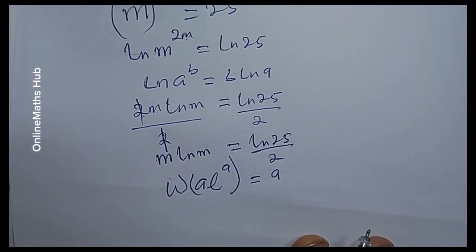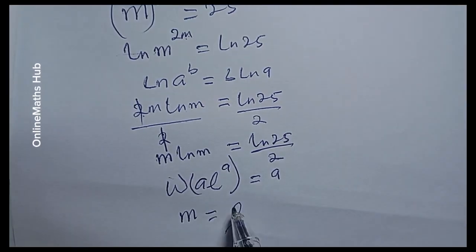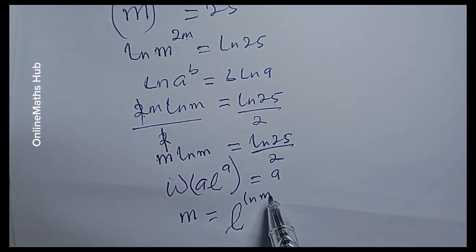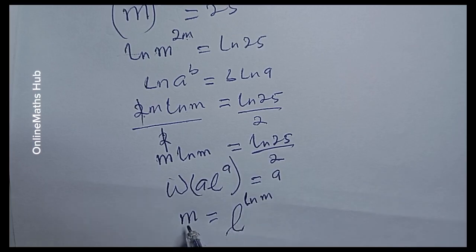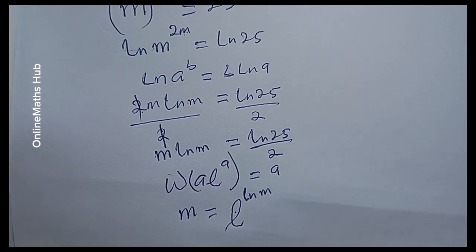For me to achieve this, I'm going to write this m as exponential of natural log of m, which is basically the same as m, because exponential of natural log is equal to 1, and 1 times m will still give you the same.